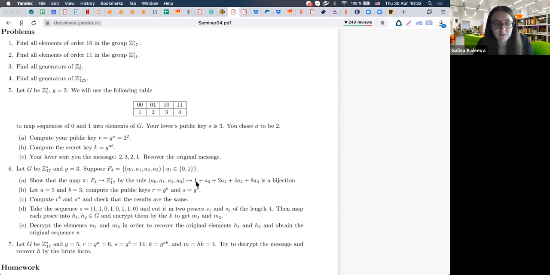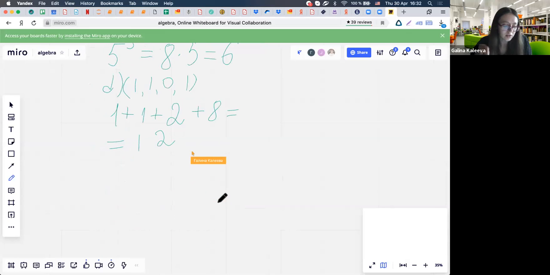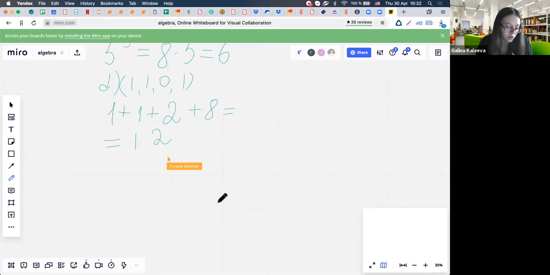And this is the message. We now need to encrypt it. How do we do the encryption? We need to multiply. So the message is H multiplied by our key K, as in the previous problem. Do you remember? Yeah.